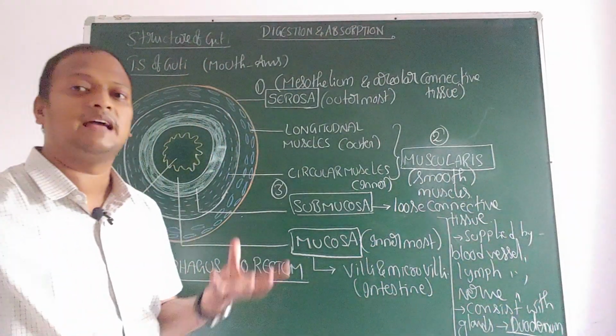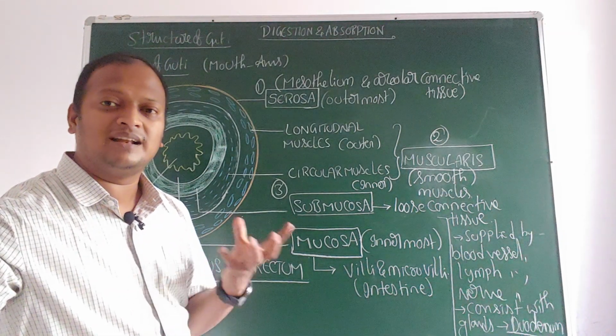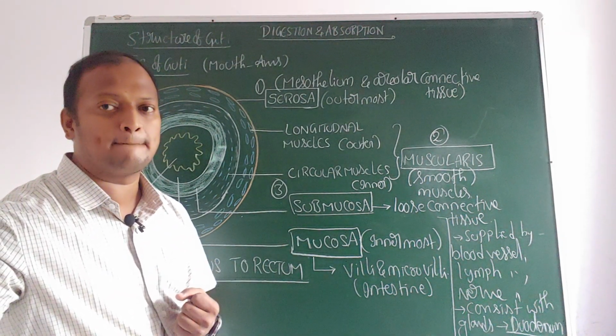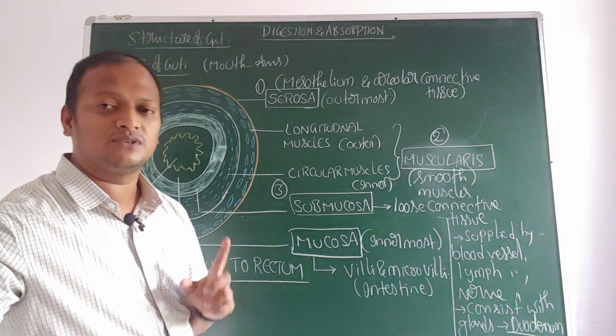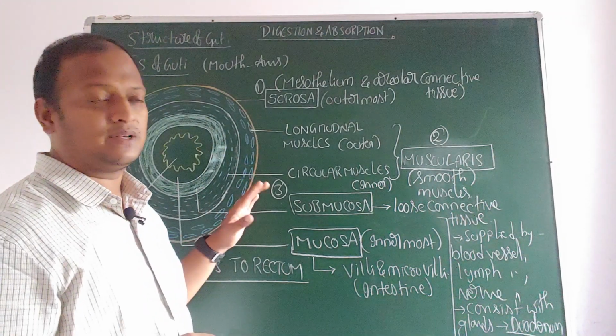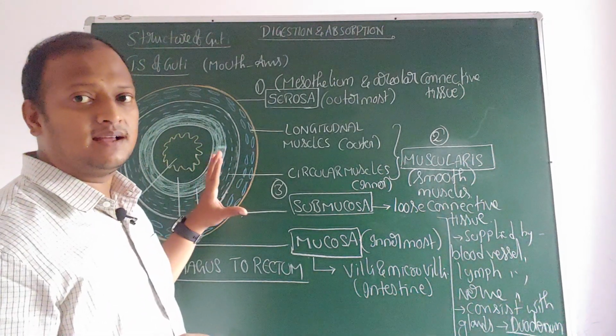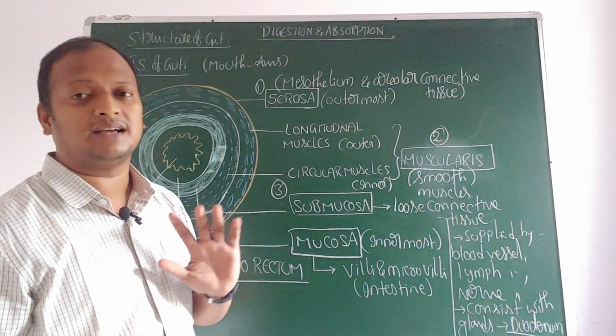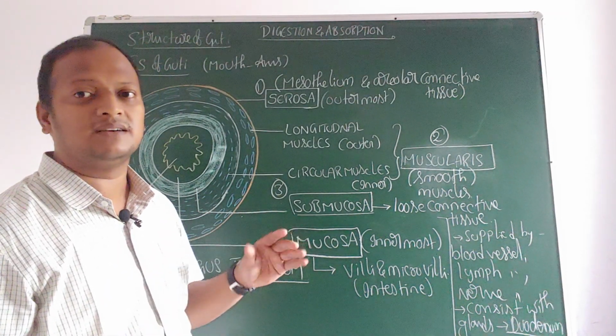For the purpose of absorption. Whenever villi and microvilli are present, they increase the area of absorption. You need to remember that point. The basic structure is common, so these four layers are present, but modifications are different in different parts of the gut as per the requirement.